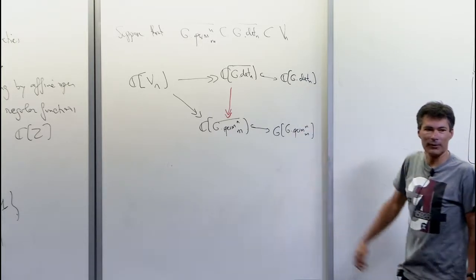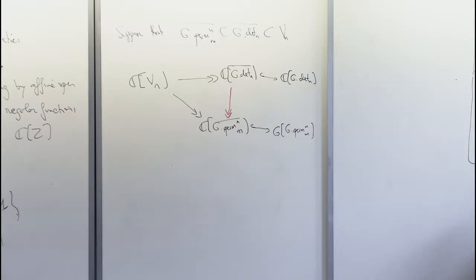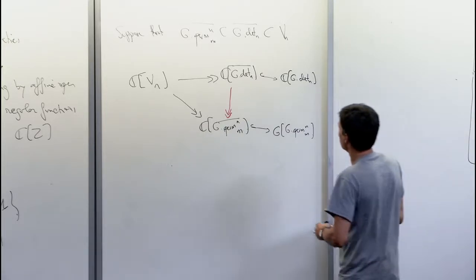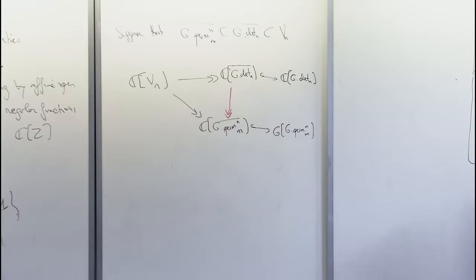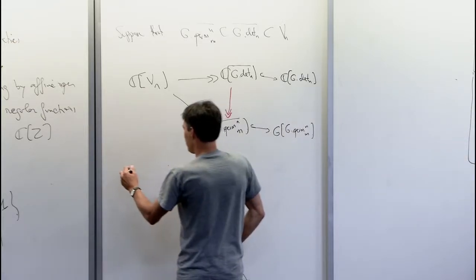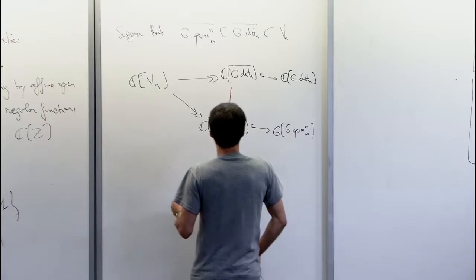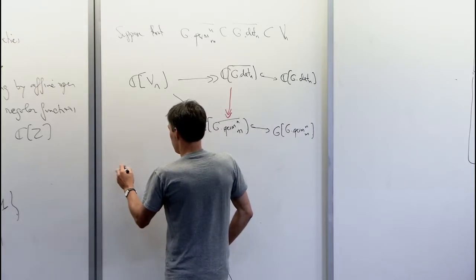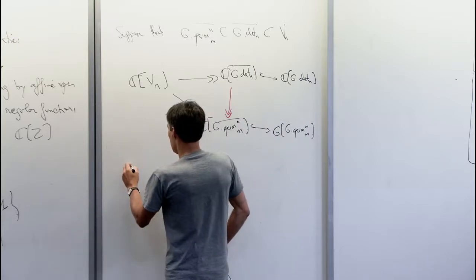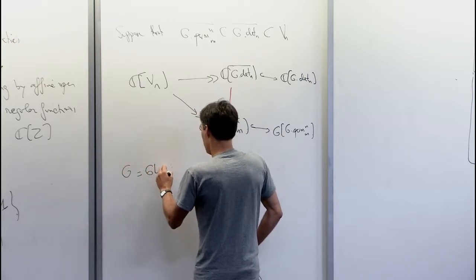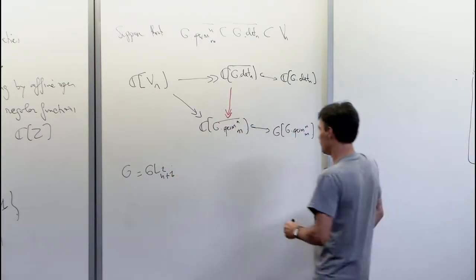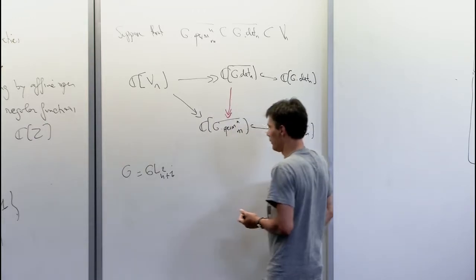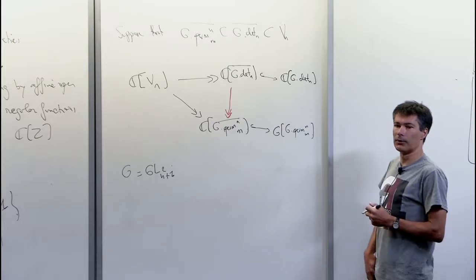So I will discuss these spaces in a second. Maybe I can write it more formally. So what do we know? G, remember, is the linear group in s squared plus 1 variables. So it is a group whose representation theory is very well known.